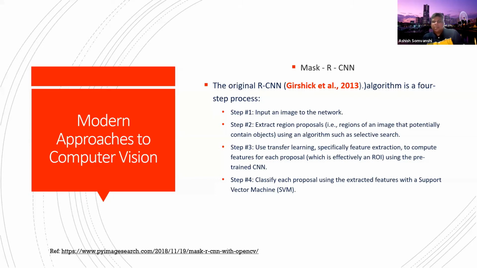Then transfer learning was used for feature extraction to compute features for each proposal. Each proposal is basically an ROI. What is an ROI? Let's see as we move further. For the time being, let's take it as a proposal or a unit, using the pre-trained CNN.